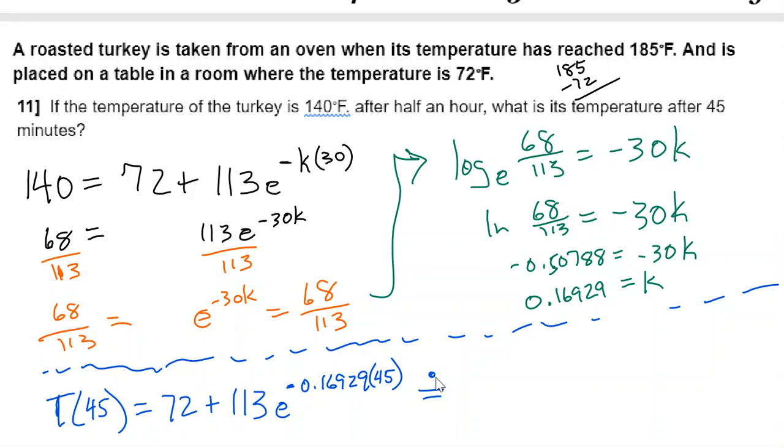My e is going to be like 4.9 e negative 4, but then I'm going to multiply it by the 113 and add 72 to it. And that is going to give me 72.0555. So what is the temperature after 45 minutes? Temperature should be 72 degrees Fahrenheit.